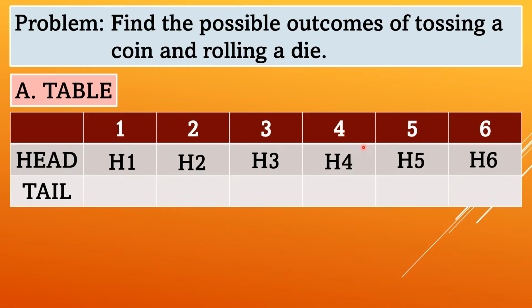So, halimbawa, pag next try natin, ang lumabas naman ay tail in the tossing of a coin. And then sa pag-roll natin ng die, the same ang lumabas na 1. So, we can have the possible outcome T1 or tail 1. Next try, possible outcome will be tail and 2.